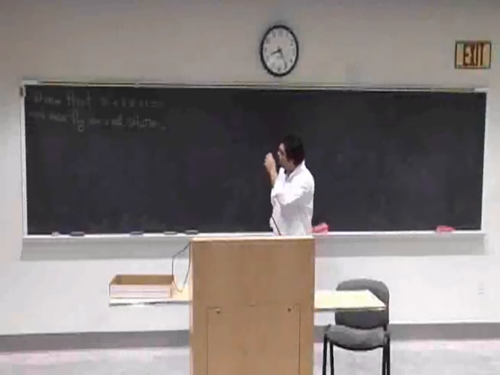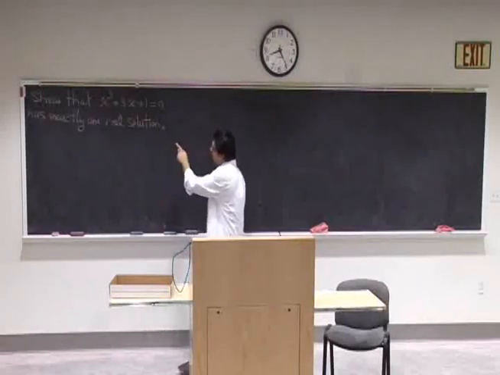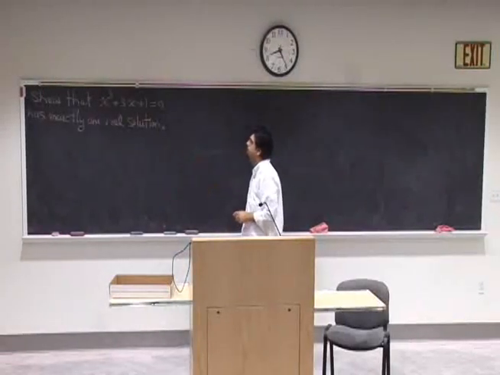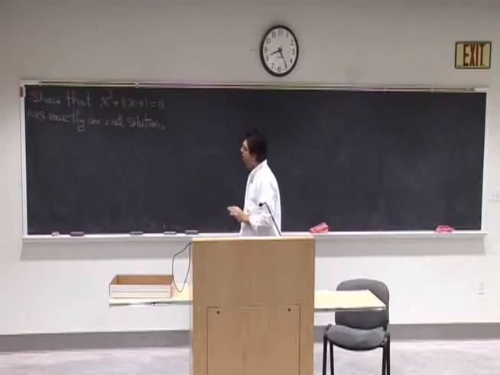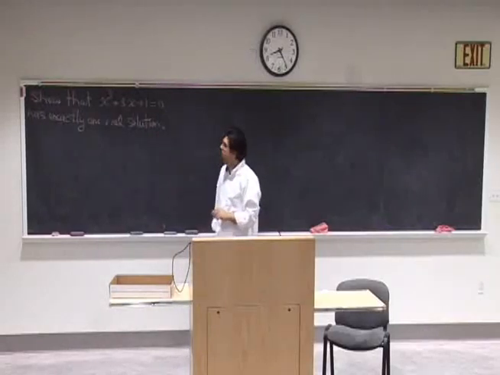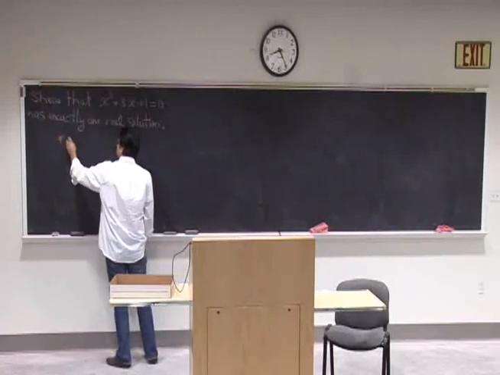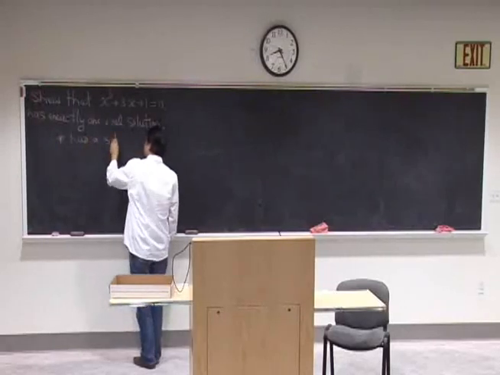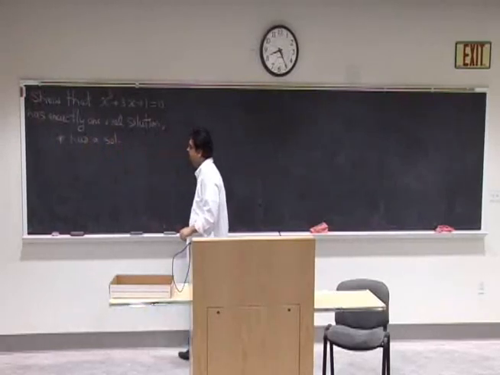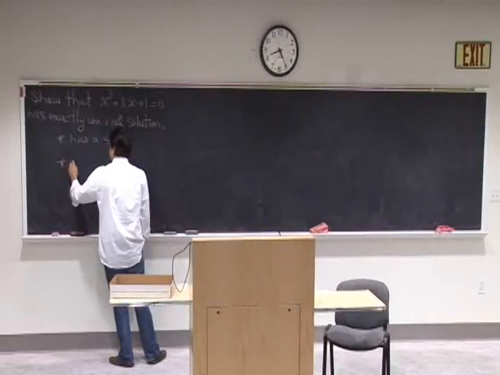So, okay, let's look at this question again and start over. So we want to show that this equation has exactly one real solution. Okay, now there are two things that we actually have to show. We can break down this question into two parts. We want to show that one, the equation has a solution, and two, that this solution is unique.